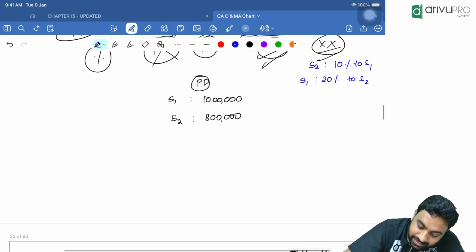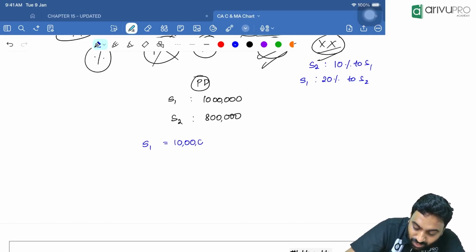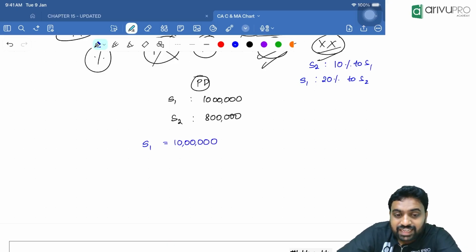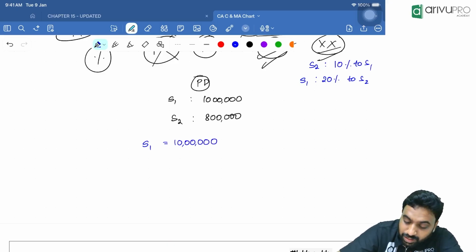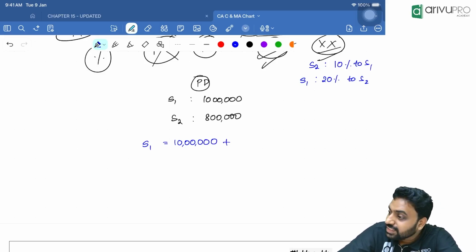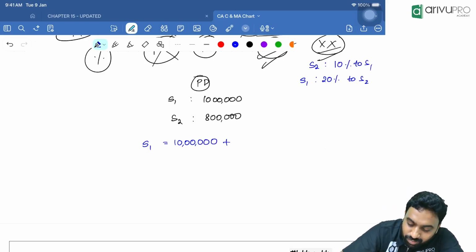That means the overhead of S1 is not only 10 lakh. It is 10 lakh as per primary distribution, but once we go for secondary distribution, a portion of S2 also will come, that is 10% of S2. Similarly, the overhead of S2 is not 8 lakh.